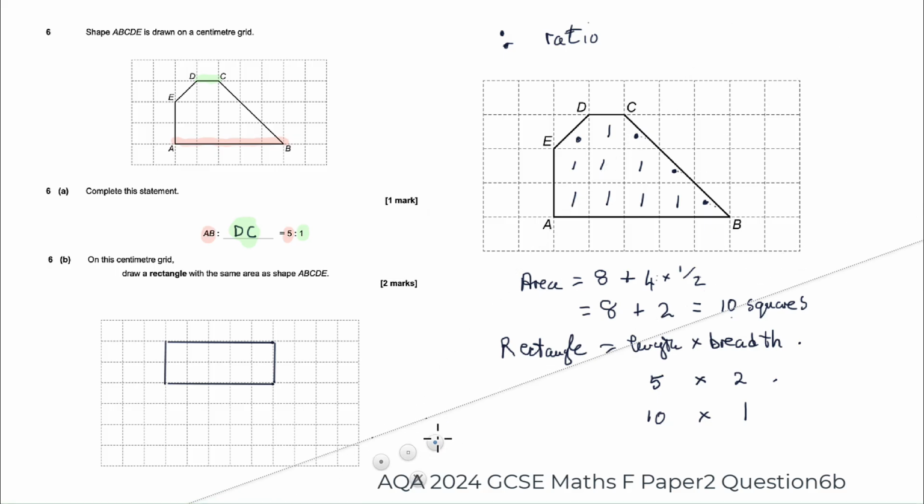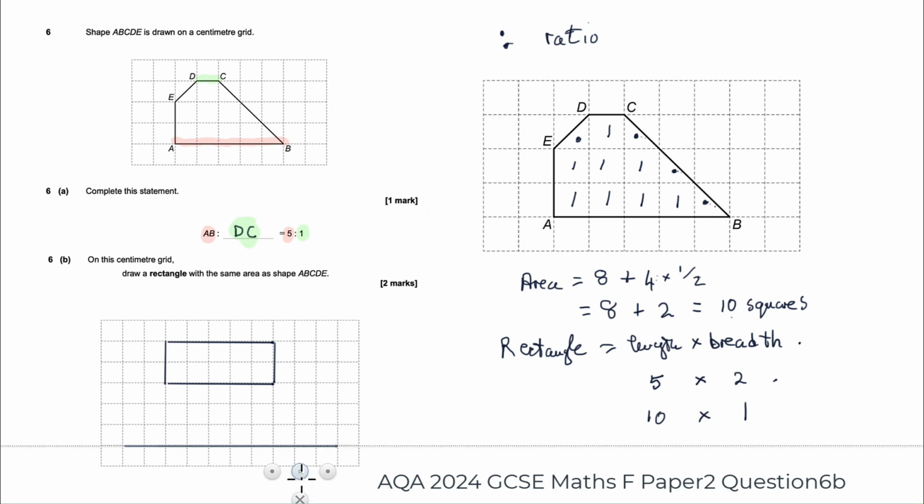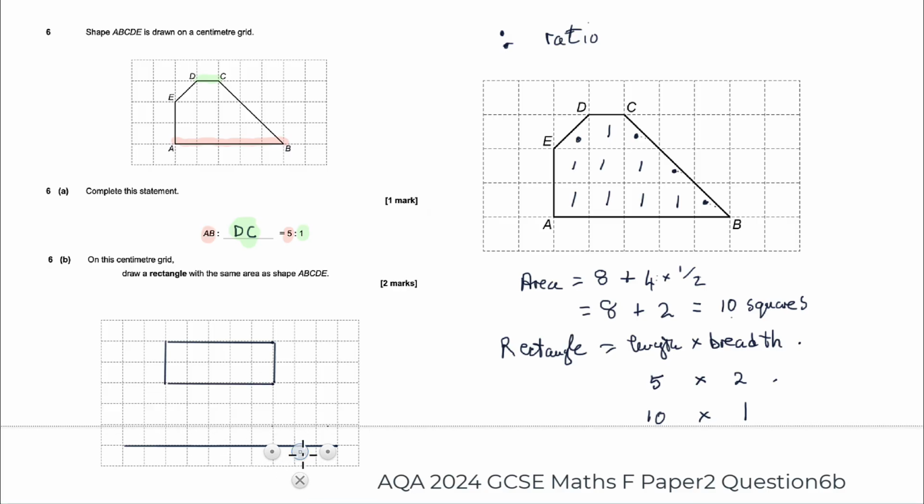And of course the other one is 10 along. So we would count 1, 2, 3, 4, 5, 6, 7, 8, 9, 10. And that would be the same as the opposite side.